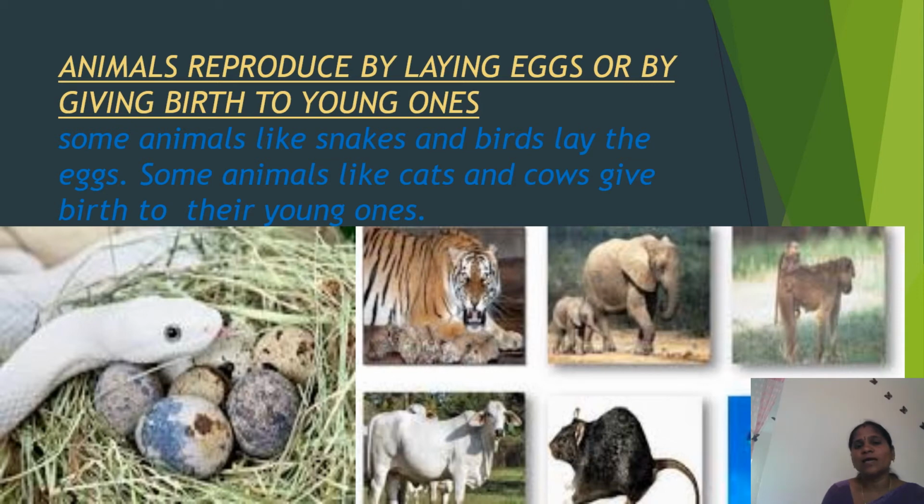What about plants? Plants also reproduce. Most of the plants reproduce by seeds, and some of the plants do not produce seeds. Such plants reproduce by the stem or roots or leaf or branches or flowers, so different parts of a plant.